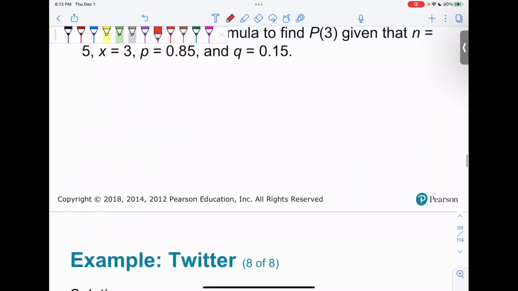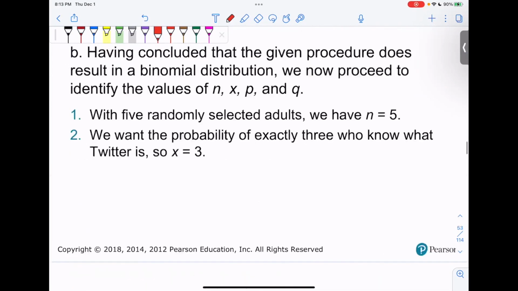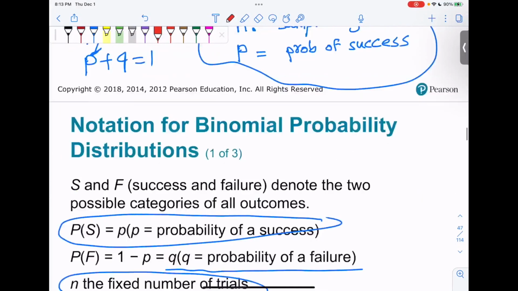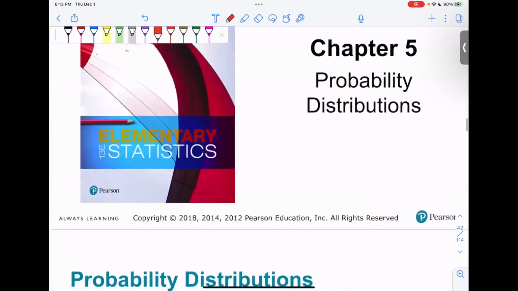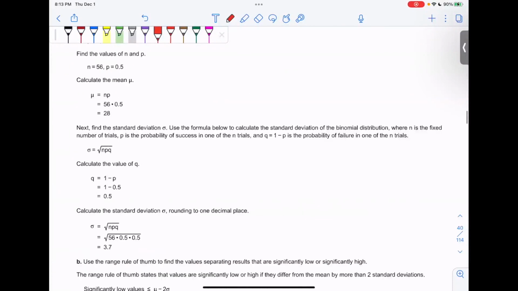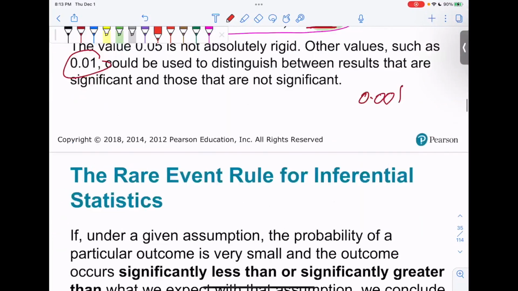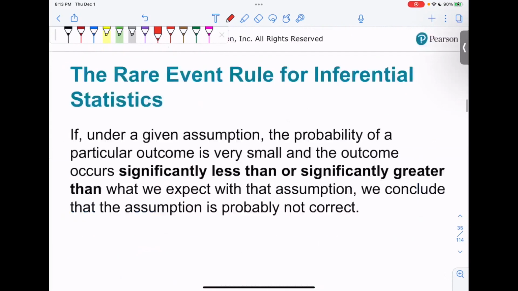I think if we go back just to make sure, before the distribution, right before this one. Yes, this one here. Say that X is a significantly high number of successes if X or more successes has probability less than or equal to 0.05.